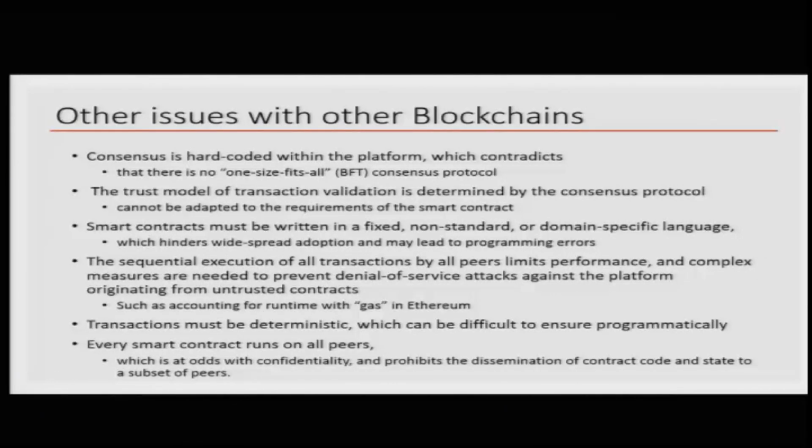So, we say that the consensus mechanism in these blockchains is hard coded, and you cannot change it without creating forks. In Hyperledger and more recent blockchains, they have somehow extracted out the consensus mechanism, so that depending on your need, you can change the consensus mechanism.